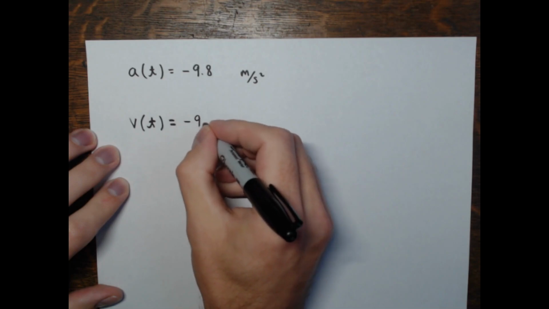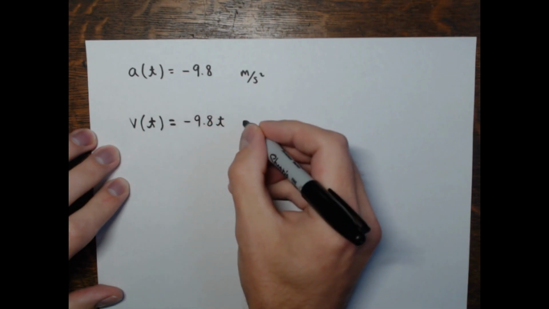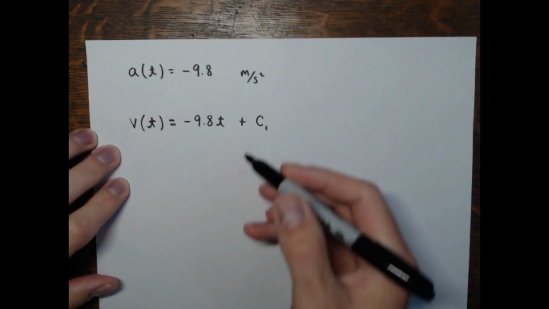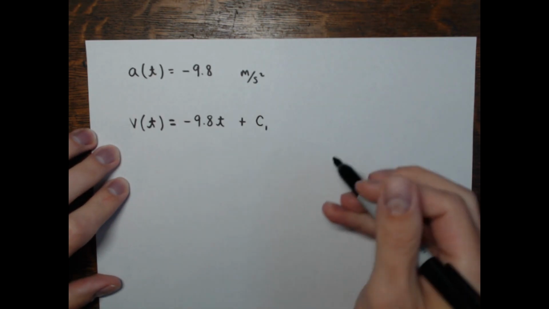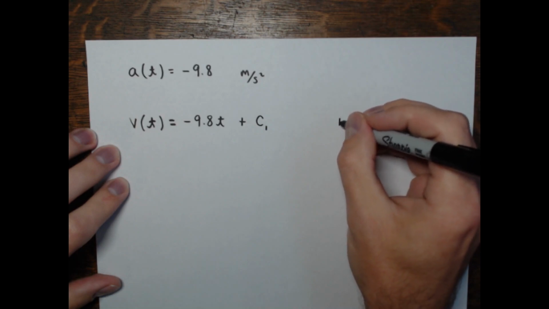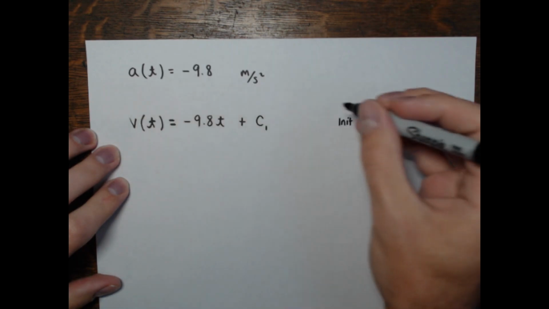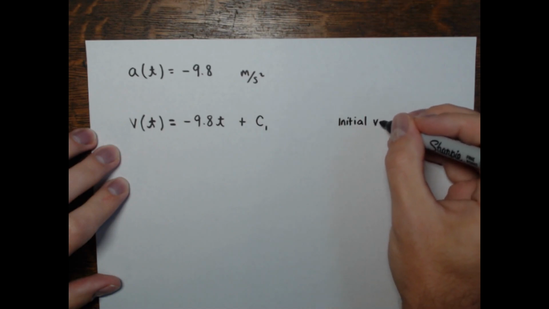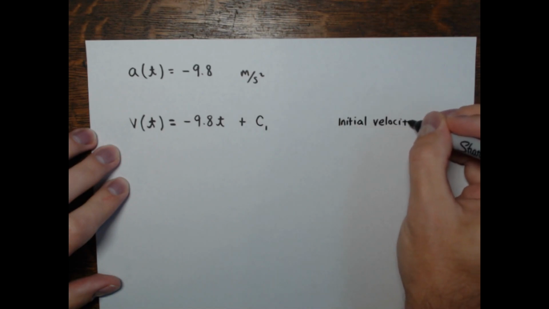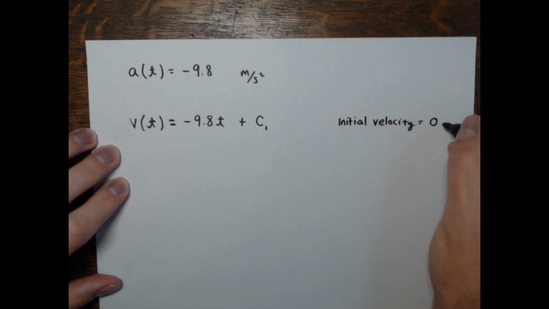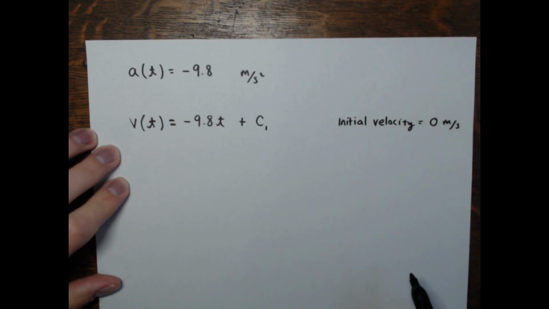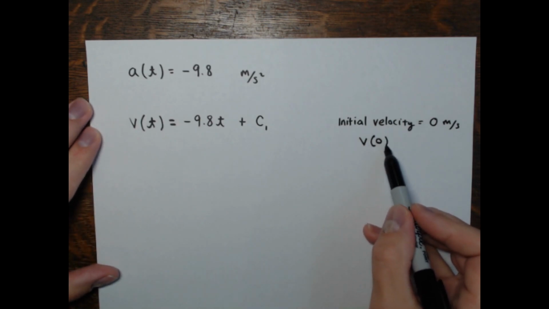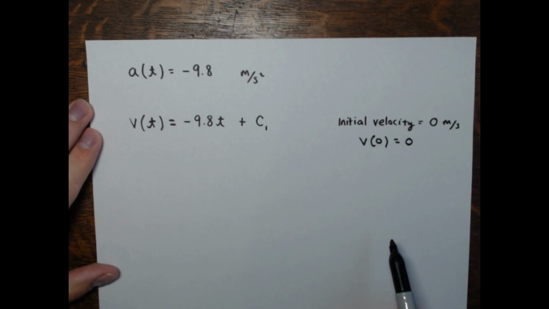So that'd be negative 9.8 times t again, plus some constant, which I'll call c1, because I know I'm going to do this again in a minute. But one of the conditions that we were given was about velocity, so I can use that right now to find this constant. They told us the initial velocity was 0 meters per second. So v of 0 equals 0.